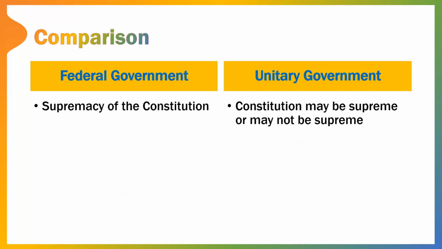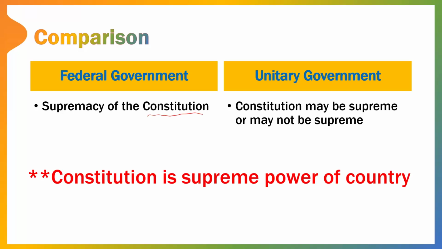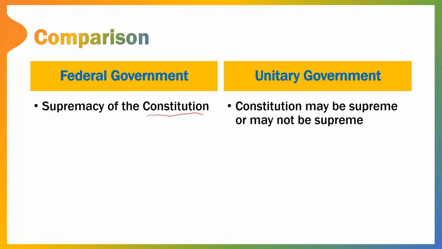In the federal government, we have the supremacy of the constitution, which means the constitution is the supreme power of the government. But in a unitary government, the constitution may be supreme, but it is not necessary that it must be. Like the Japanese constitution is supreme, though it is a unitary government, and it may not be supreme, like in Britain.